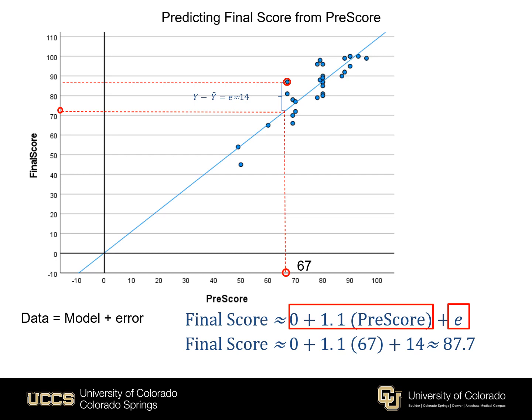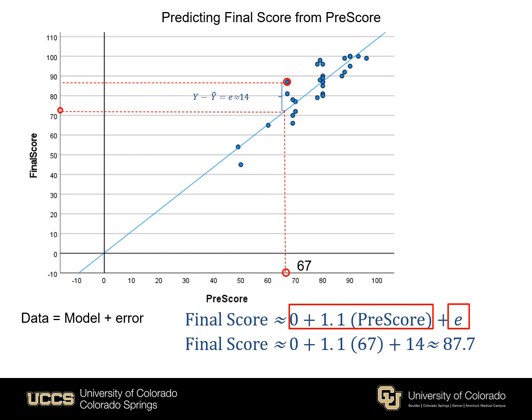So plugging in some numbers, we can take this to the next step and say, okay, final score is equal to 0 plus 1.1 times 67, because that is the pretest score of interest. And when we plug those numbers in, we get 1.1 times 67 plus the error of about 14 points.